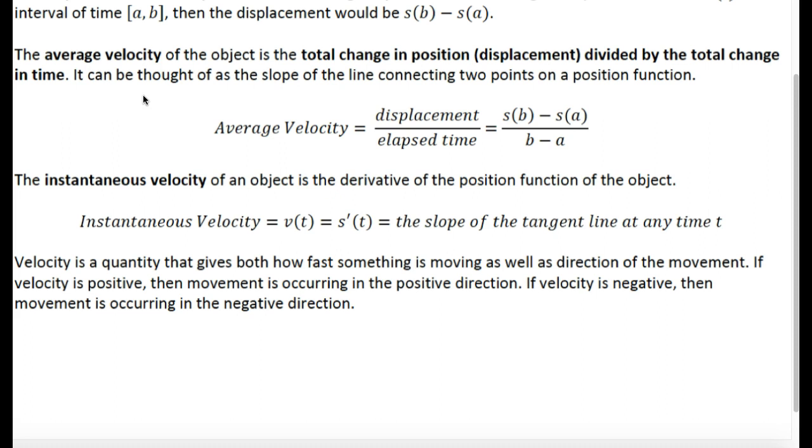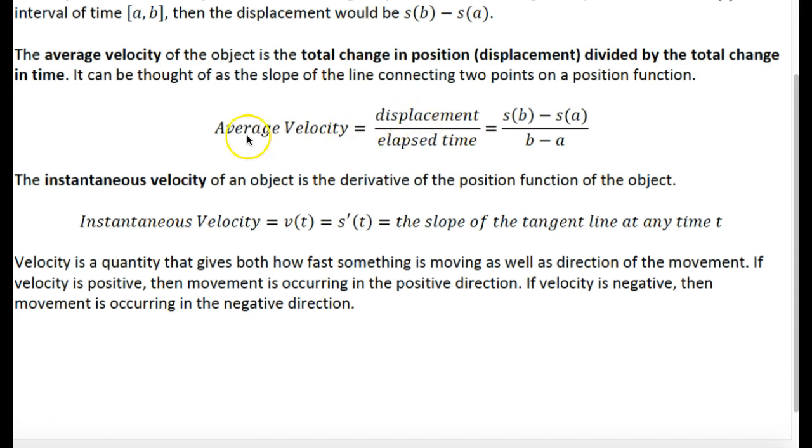Average rate of change was slope between 2 points. Same idea with velocity. Instantaneous velocity is our derivative of position. Average velocity is just the slope between 2 points on my position curve. Right? So we could say that's displacement divided by the time.